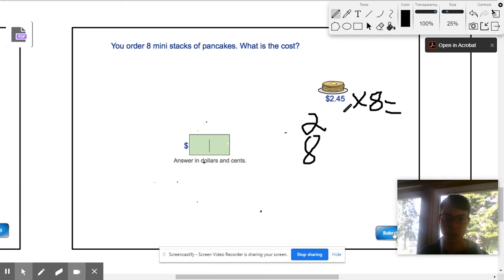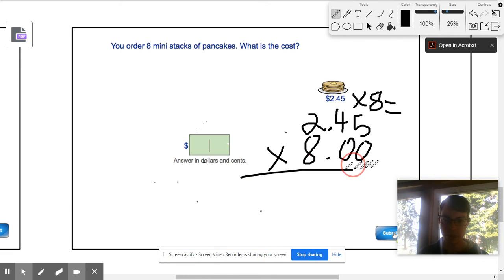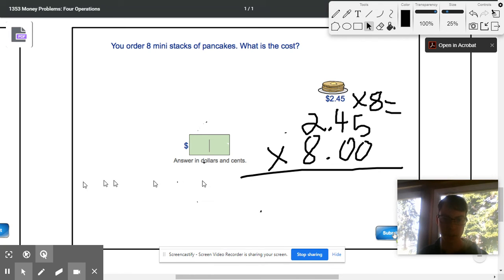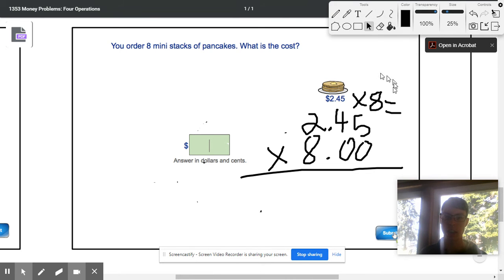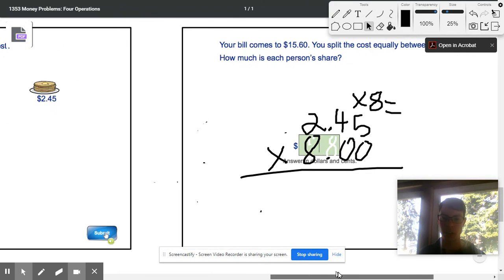The decimal, 45. Okay, that's what it's going to look like there. Then you can put these zeros in if you really feel like it. And then you do that math, and you'll get out the answer. Okay, next question. So that's multiplication. We've done addition. We've done subtraction. And let's take a look at what division looks like.